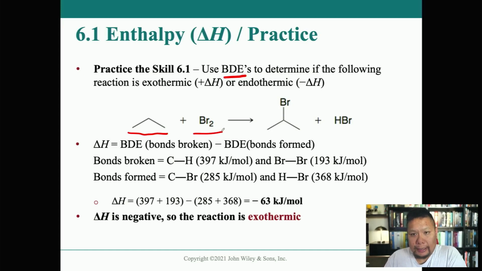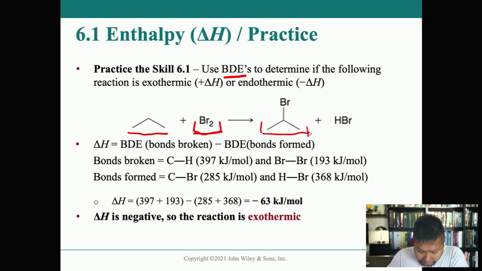Bromines are one of the diatomics, where they can't just be a bromine atom by itself. It has to have two bromines together. So we have bromine gas and a propane, and we're forming this guy here.